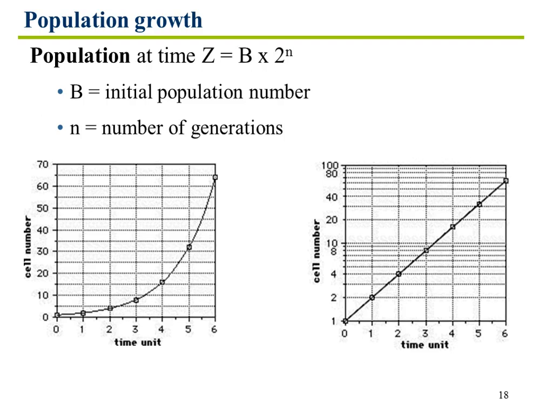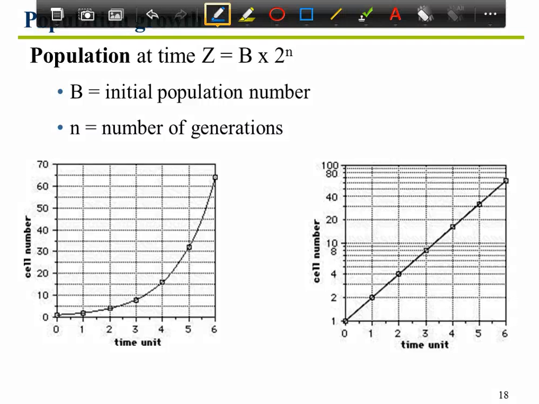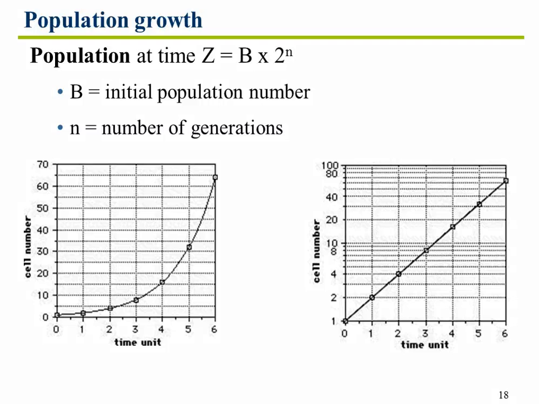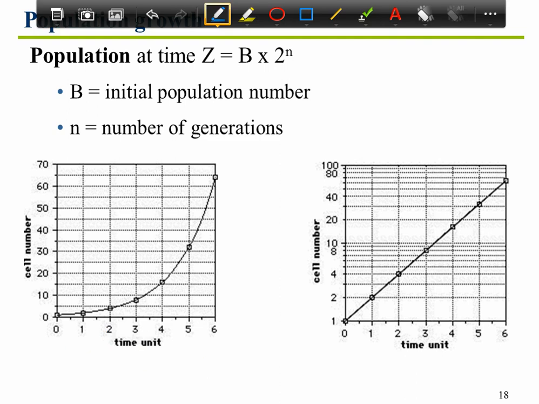Okay, so 2 graphs at the bottom. Here is time. There's no time put on here, but this could be 10 minutes, 20 minutes, 30 minutes, or this could be 1 hour, 2 hours, 3 hours. It doesn't even matter what it is.